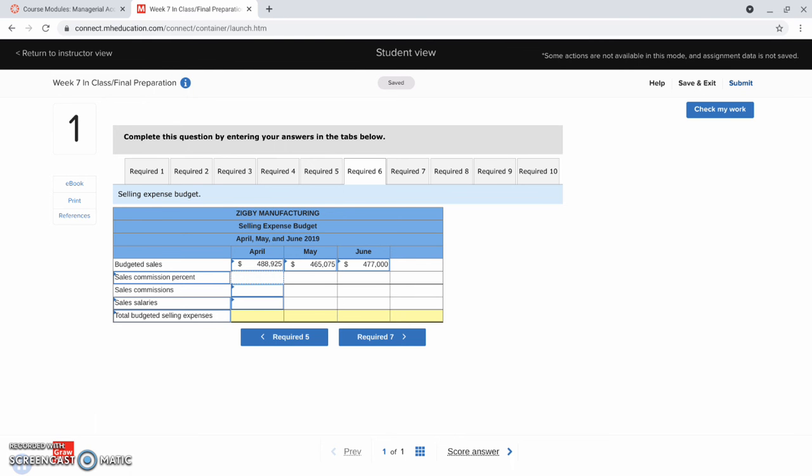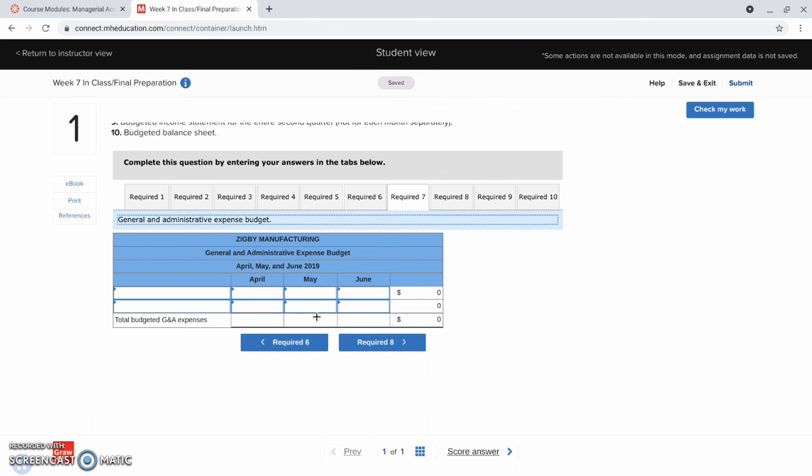The percentage is 8. Sales commissions, we just take 8% times 488,925, which gives us 39,114. And then sales salaries, 3,000. Now we have our selling expense budget.